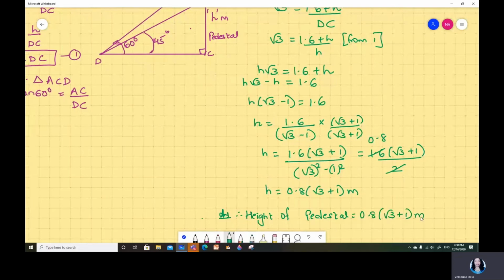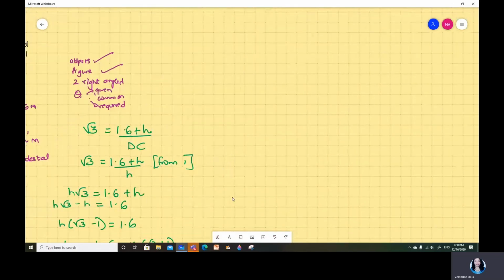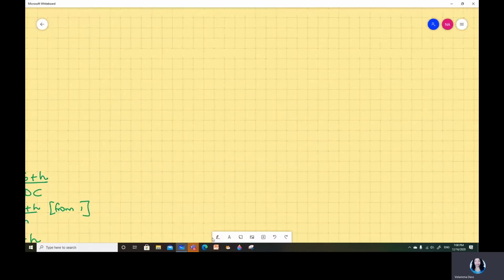I hope you have understood this particular sum also very clearly. Again, as a quick recap, whenever you have application of trigonometry, students, first time when you read the question, try to find out the different objects involved.